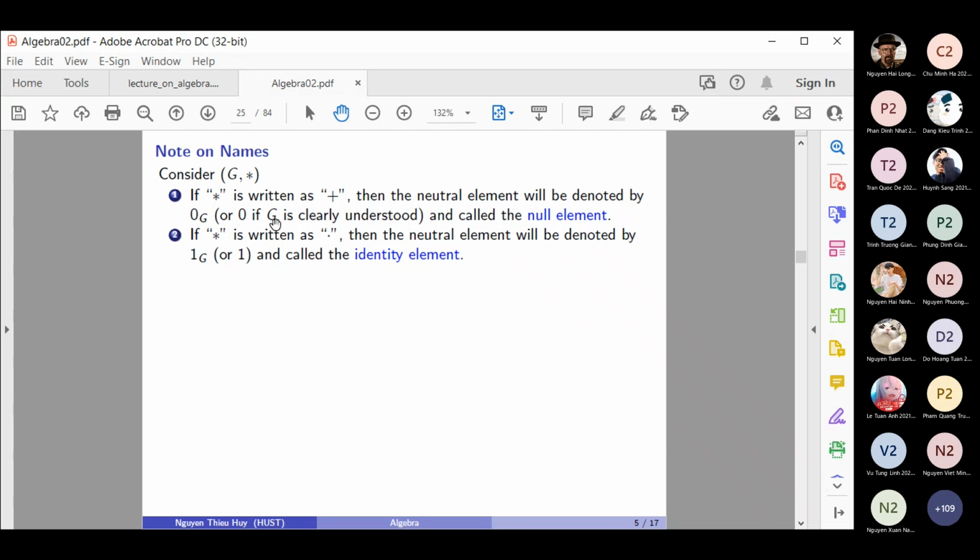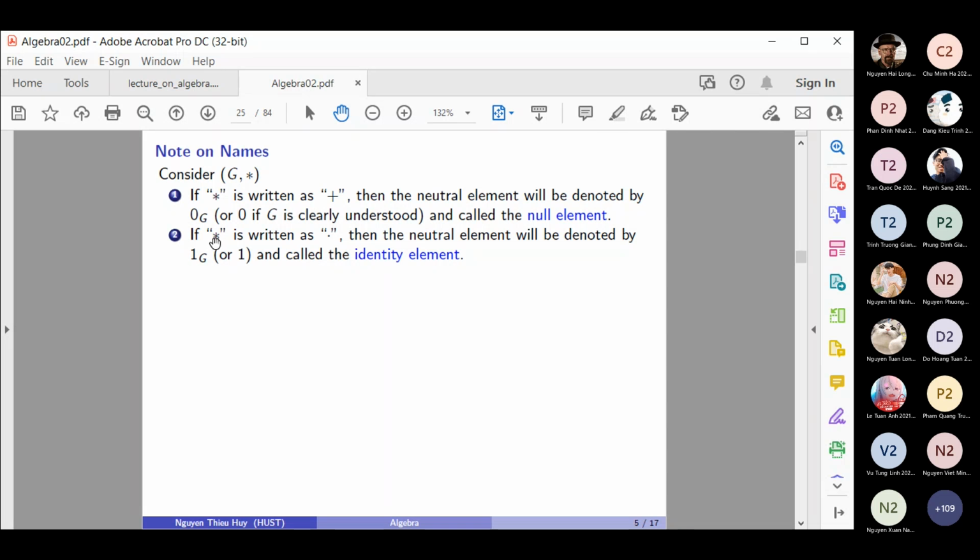When we already understand what G is, then we just write the 0 without the sub-index, and call it the zero element. So the zero element is simply the neutral element related to the binary operation which is written as addition, right?